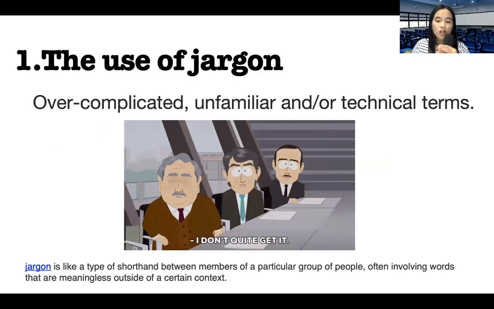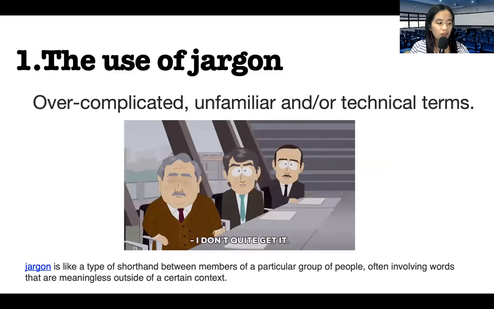When we say jargon, these are overcomplicated, unfamiliar, technical terms. These words are only applicable to a group of people, to a profession or to an organization.